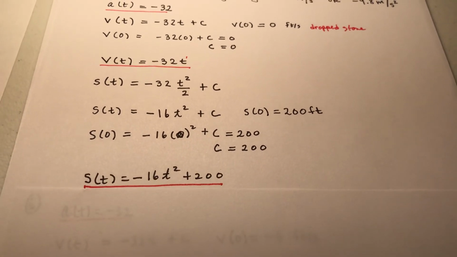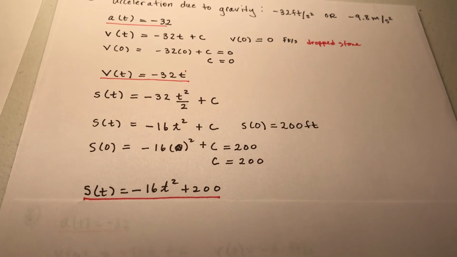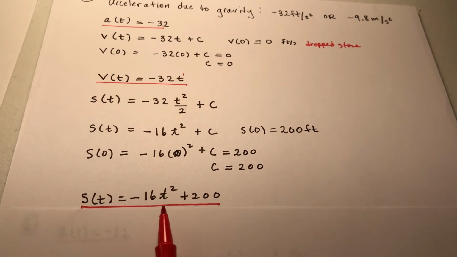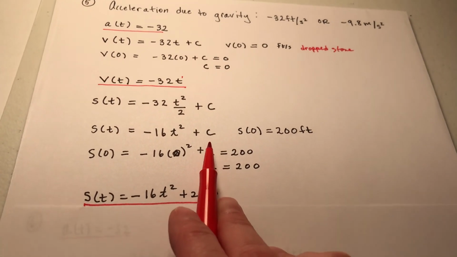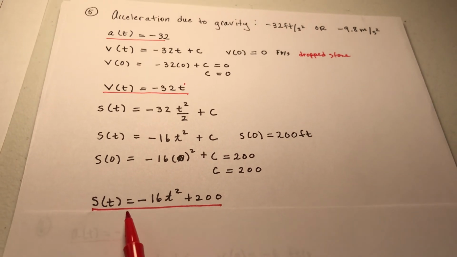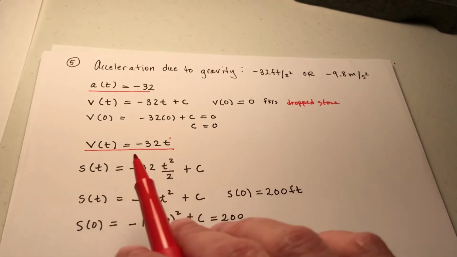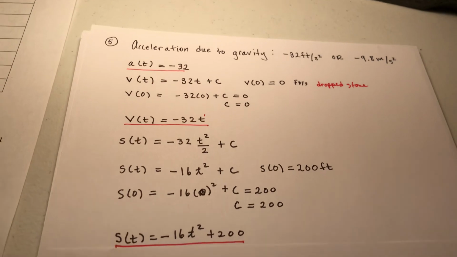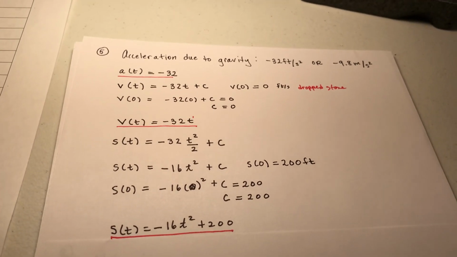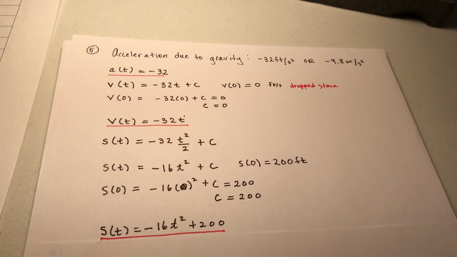And now I've got my position function. S of t equals negative 16t squared plus 200. I just put that right back in there. So I have my position or height, I have my velocity, and I have acceleration. All right, we're going to come back and see what happens if you give it an initial velocity.